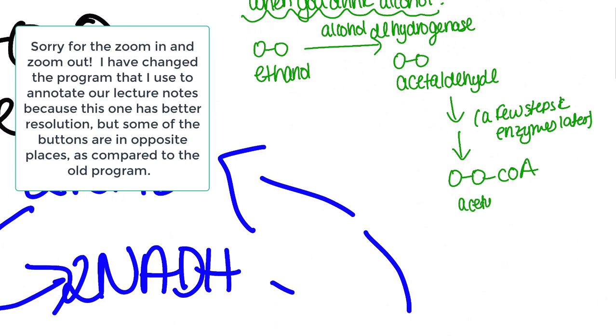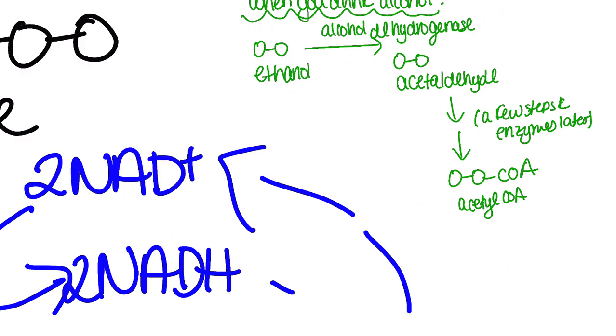Okay, so here is our acetyl-CoA. Well, acetyl-CoA is something that we've all seen before. So what happens with acetyl-CoA? Hopefully you guys are yelling at the screen and telling me that acetyl-CoA can now go into the citric acid cycle.